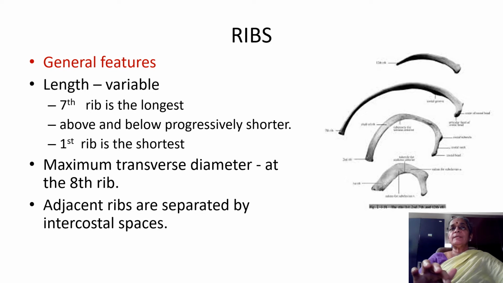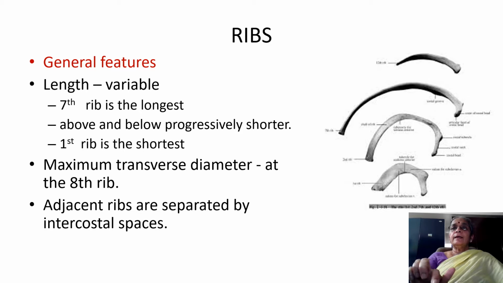So the first rib is the shortest rib. And similarly, when you come down in the thoracic cage, starting from the 7th, again it becomes progressively shorter. So the one with maximum length is the 7th rib. And the maximum transverse diameter is at the level of the 8th rib.